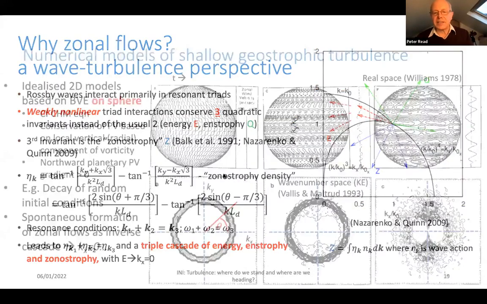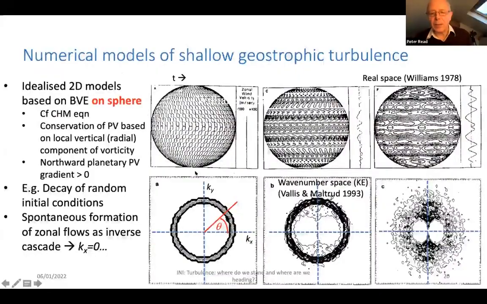This was illustrated actually many years ago in a qualitative sense, including by Jeff Vallis, among others, in which we could see decaying turbulence that started out with energy concentrated just in a ring of constant magnitude wave number in wave number space, as we can see here in the lower row.